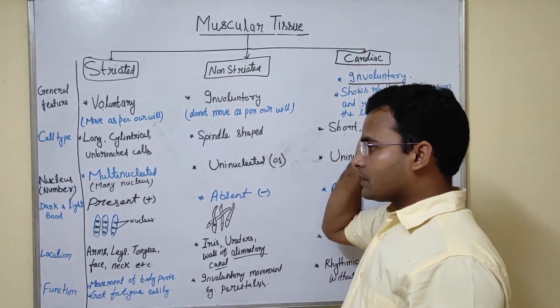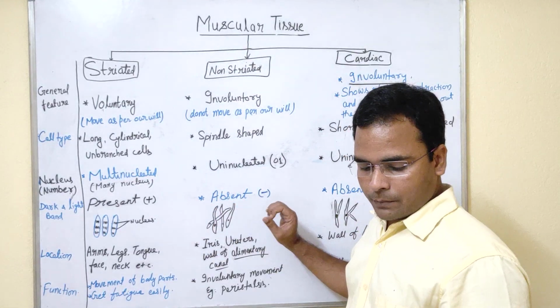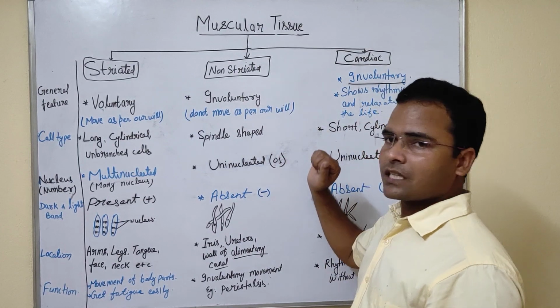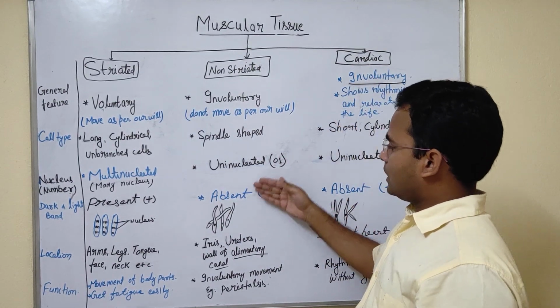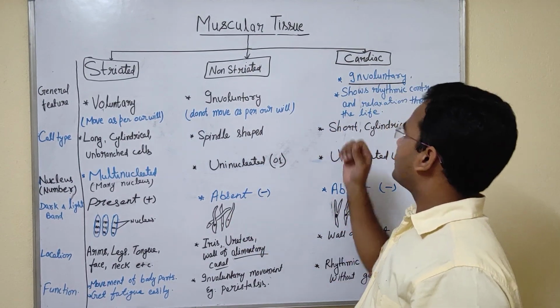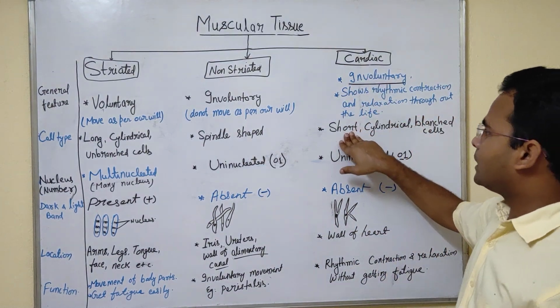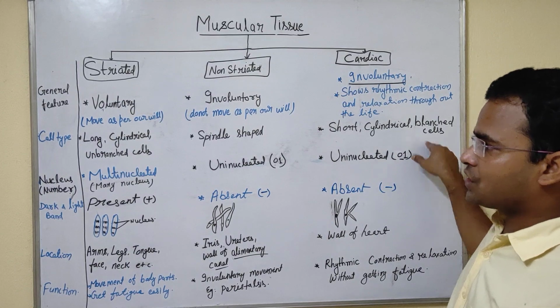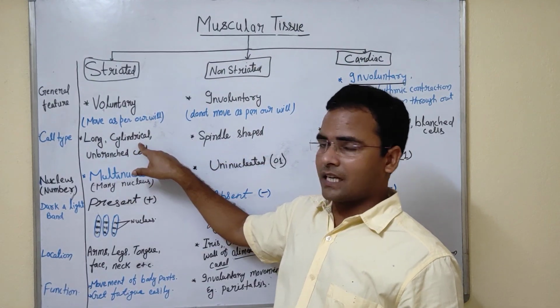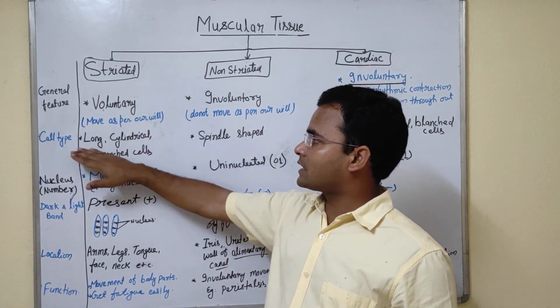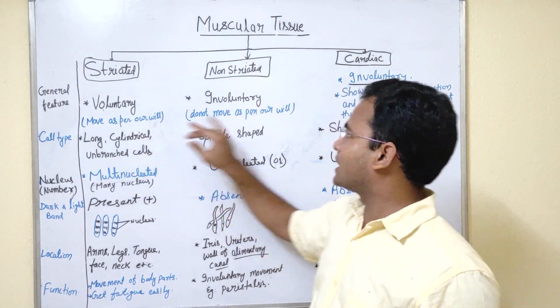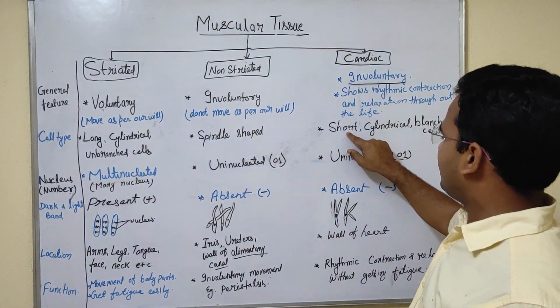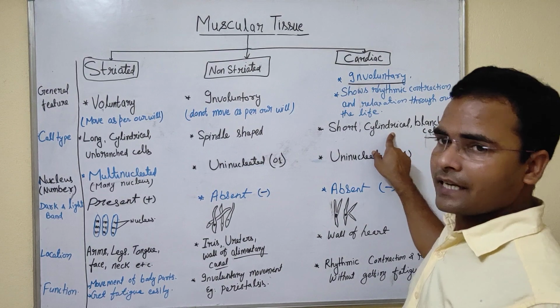The third one: the dark and light bands will not be present here in the non-striated muscle, and the structure is like this. And in cardiac muscle, they are made up of short cylindrical muscle cells, but they are branched. In the striated muscles, the cell type was long and cylindrical, but in cardiac muscle they will be short and cylindrical, right?